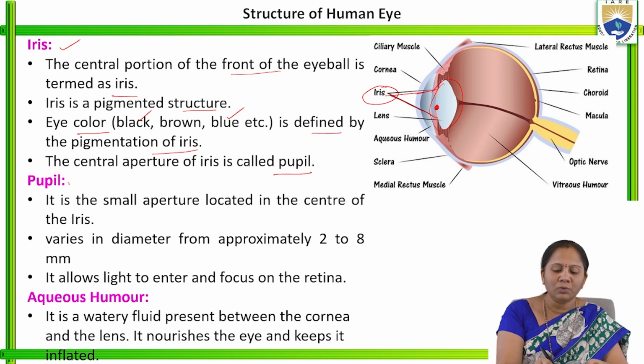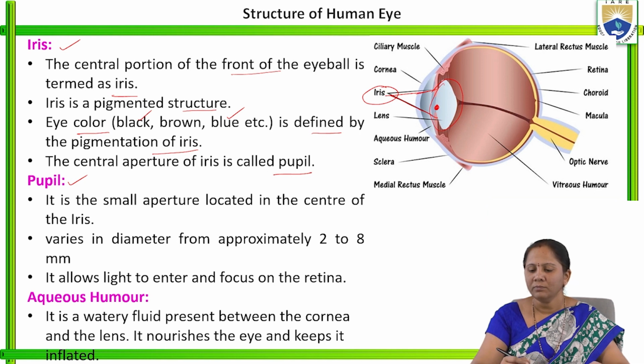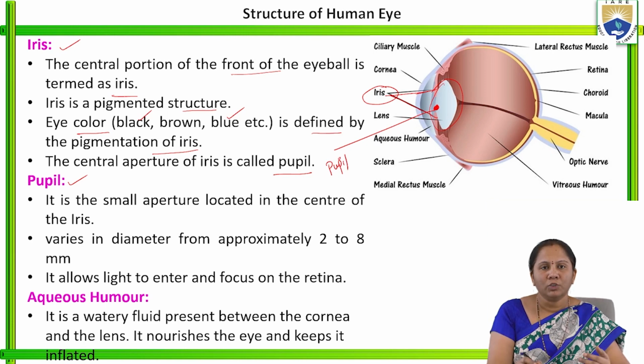Now, coming to the next part, the pupil. The black dot or black hole present in the middle of the iris is called the pupil.